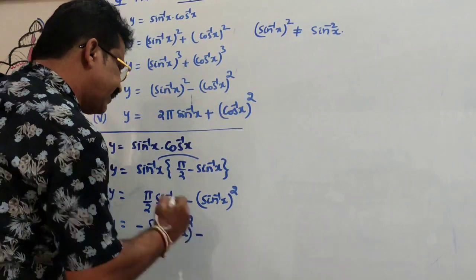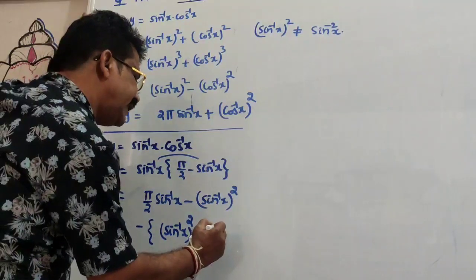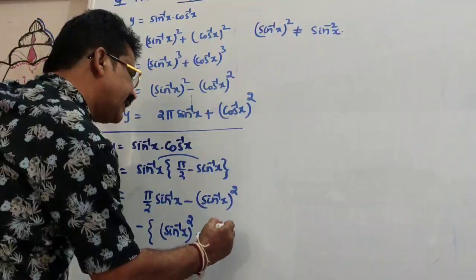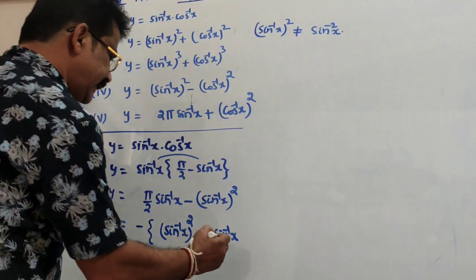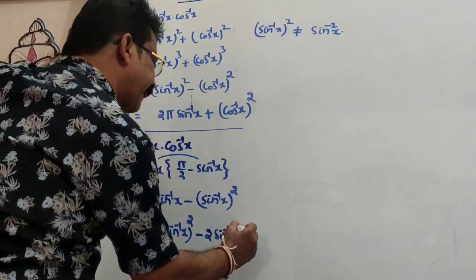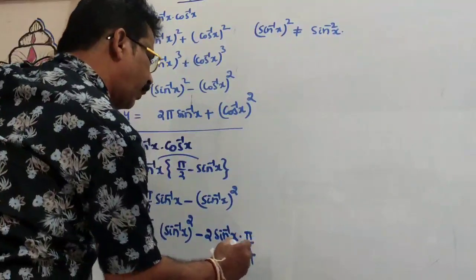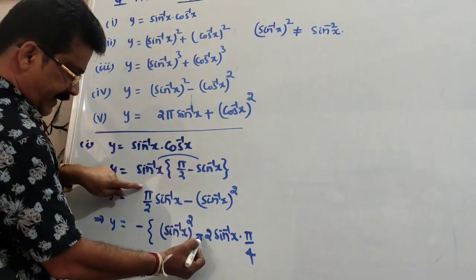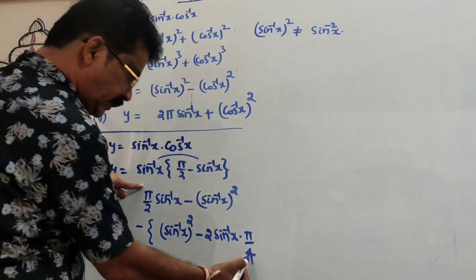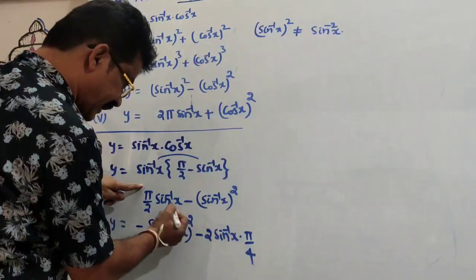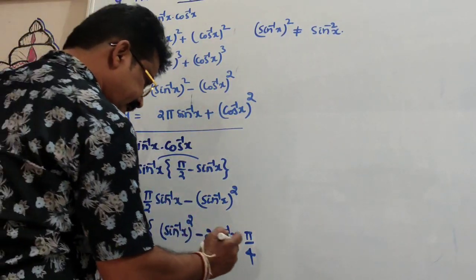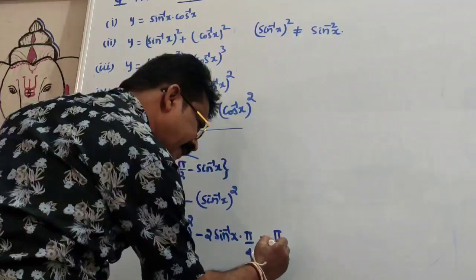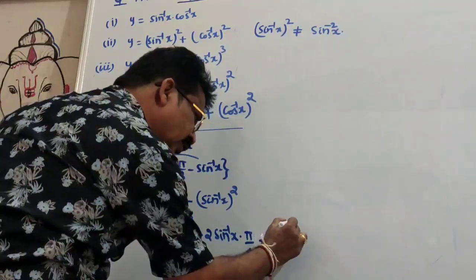Next minus, it is sin inverse x, means 2 into sin inverse x into pi divided by 4. Now you verify, minus into minus plus, 2 into pi by 4 means pi by 2 sin inverse x. Verified. Next we are adding plus pi by 4 whole square.